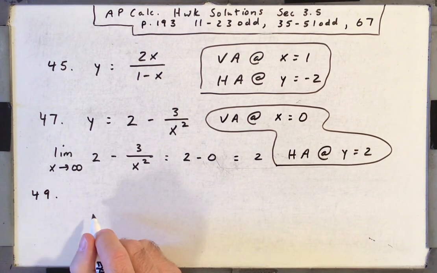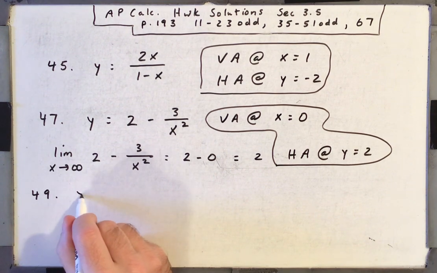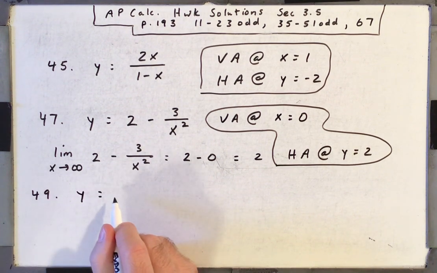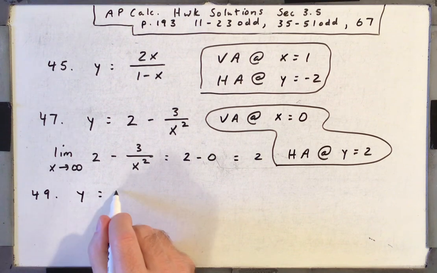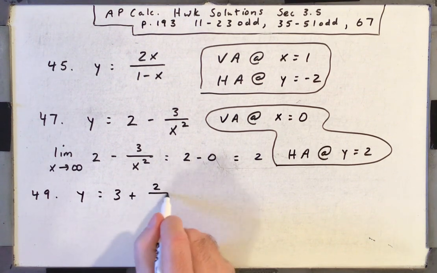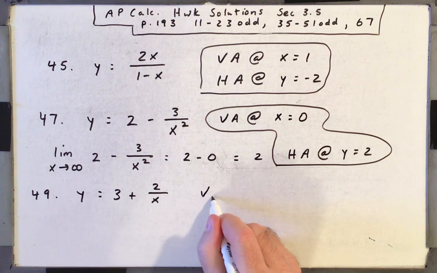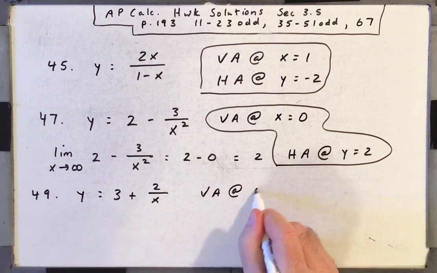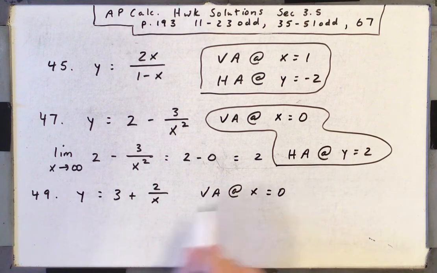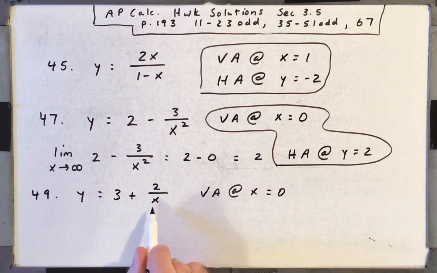Okay, we're moving along great. This one is just like 47, really, isn't it? 3 plus 2 over x. So what makes this undefined? All right, it's where x equals 0. So we have a vertical asymptote at x equals 0.